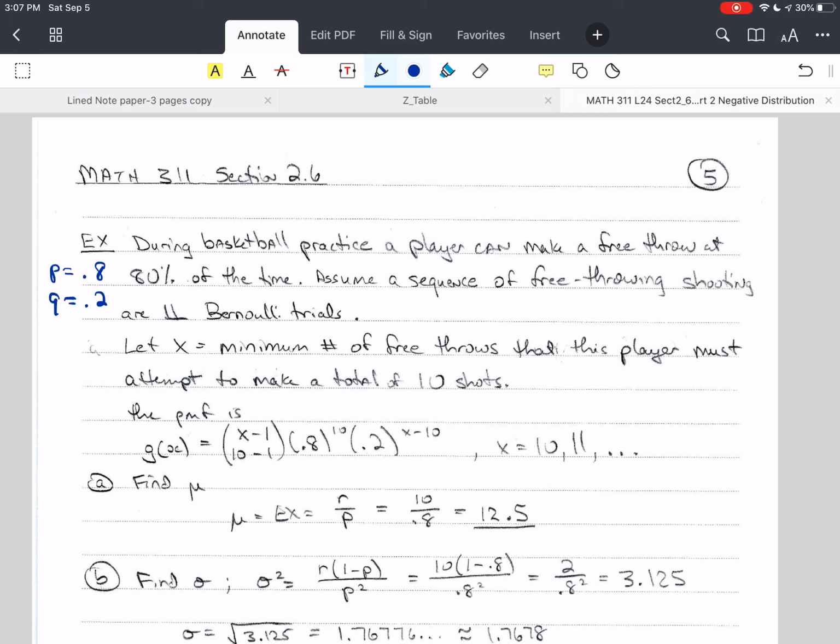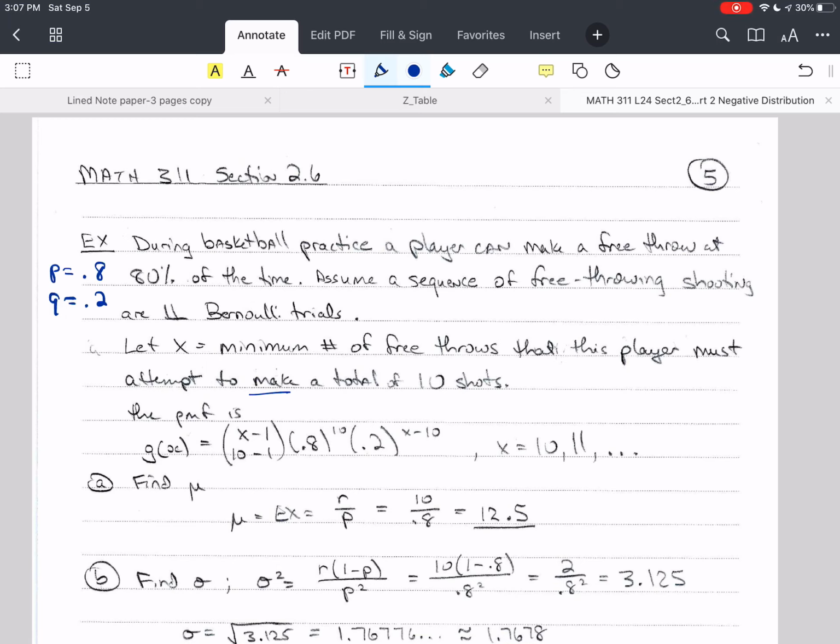Assume that these are a sequence of independent Bernoulli trials, that him shooting free throws are independent Bernoulli trials. Let X be the minimum number of free throws required in order for the player to make a total of 10 shots. Making the shot means it's a success, right?